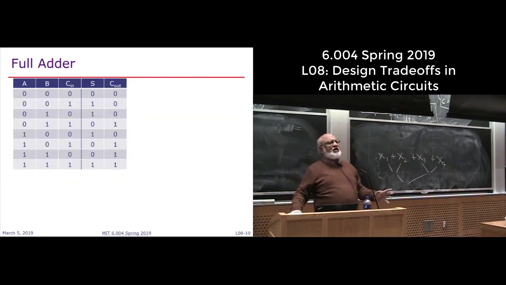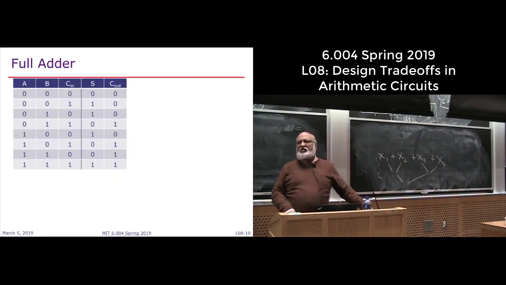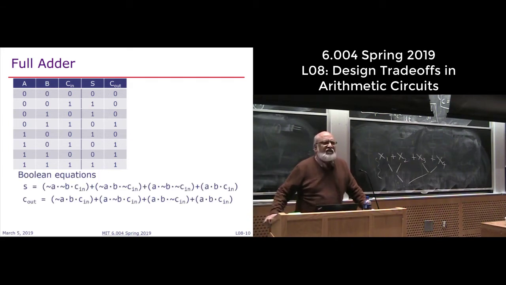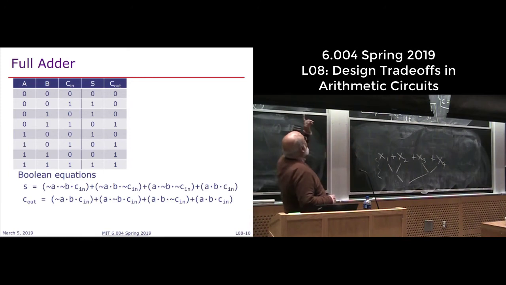Okay, let's begin with the full adder again. This is the table for the full adder, and I can write down the Boolean equations. How did I write down these equations? What is the sum bit? Just look at all the entries in the truth table where the sum is 1.